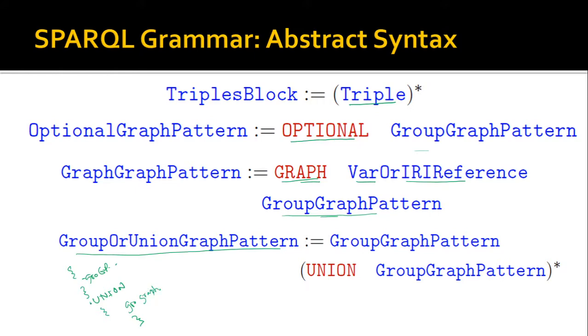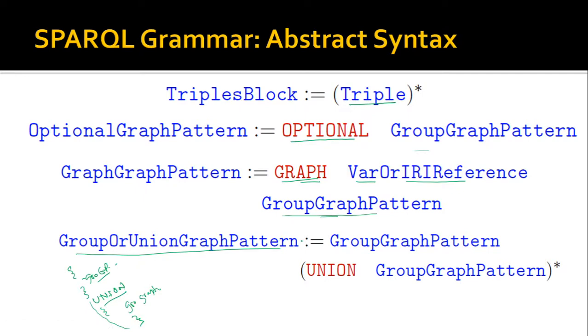Now you can omit this part altogether to have only one group graph pattern, or you can have a group graph pattern that is connected with this group graph pattern using one union keyword, right?